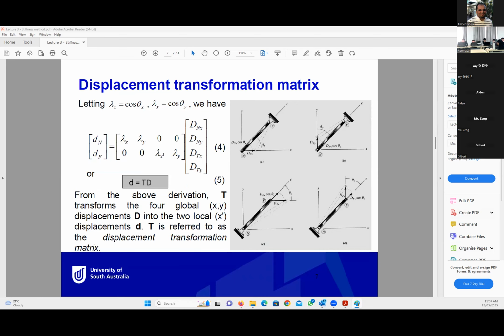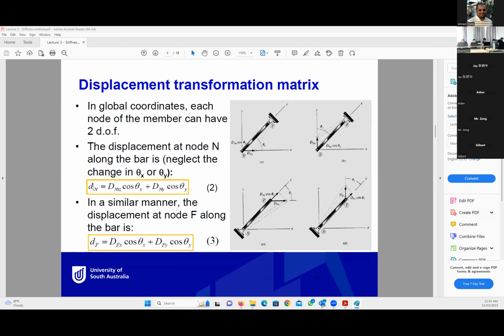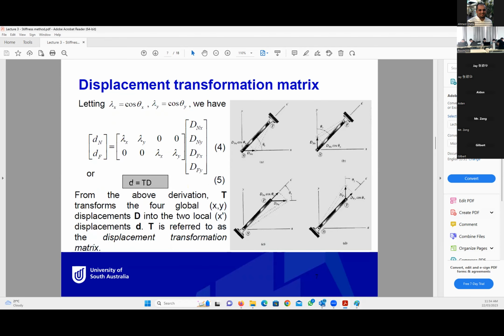Do you understand where it comes from? How many parameters do we have? We have 4: dnx, dny, dfx, dfy. The first two only exist in the first 2 columns, and the second two are only available in the third and fourth columns. So it will be written like this: dn df.